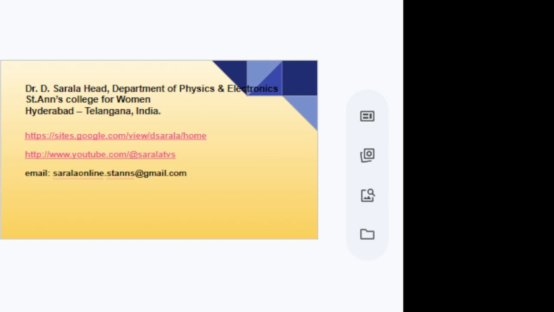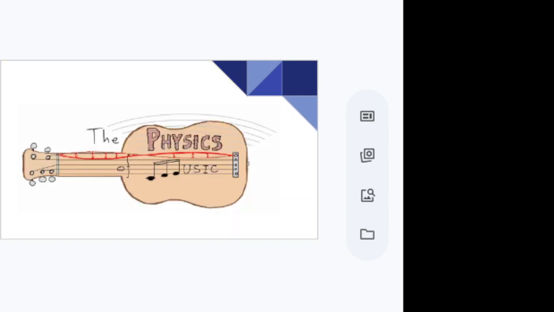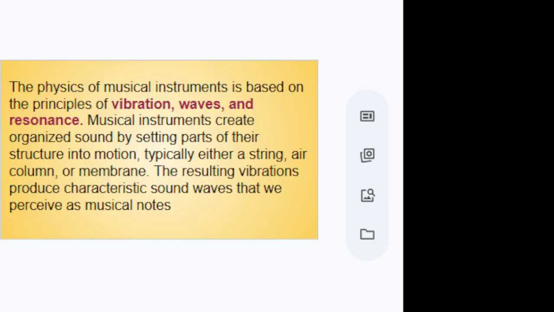Now let us see a few applications of the sound, the nodes and antinodes and open pipes and closed pipes, how a sound is emanated from each of these. So let us try to understand the physics of these musical instruments.